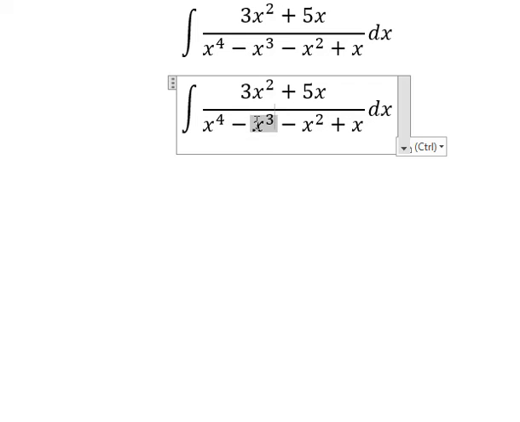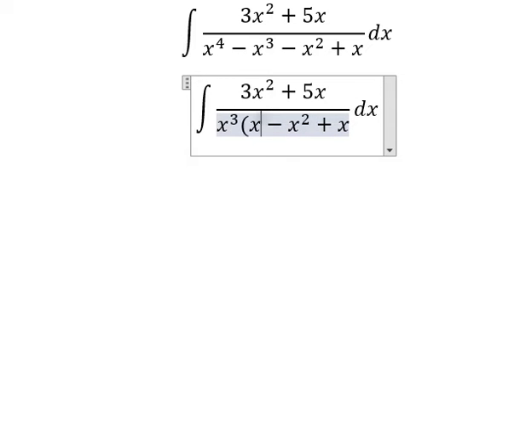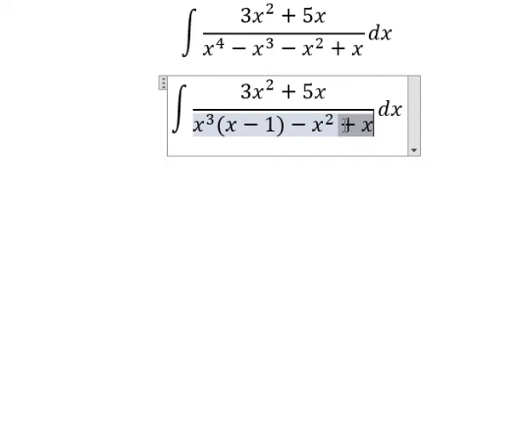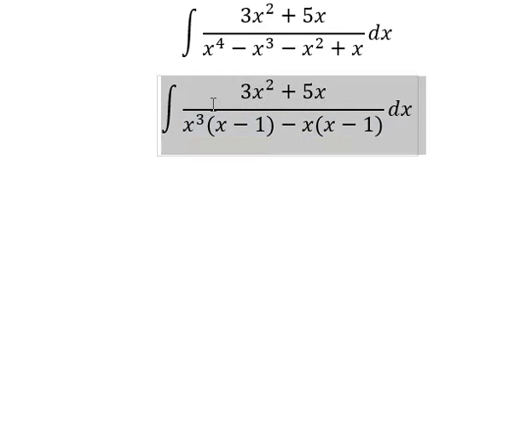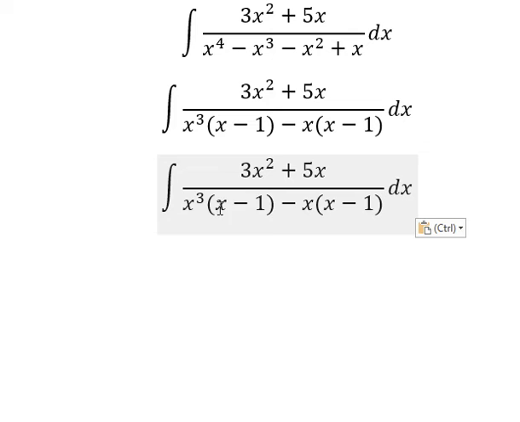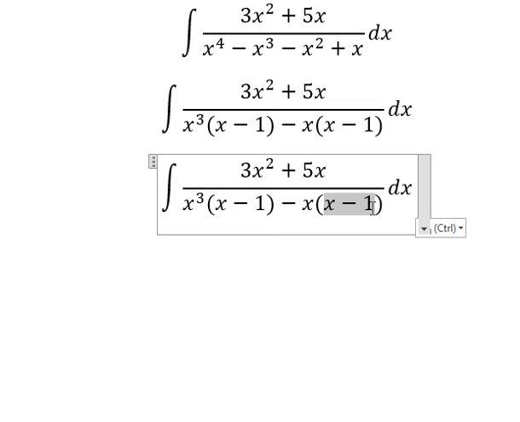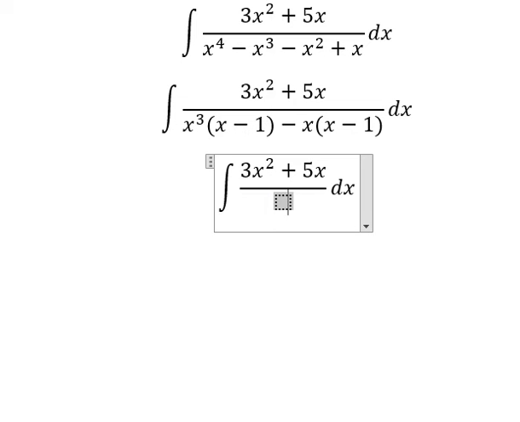We need to do factorization by s to the power of 3. We can do another factorization by negative s. So we have s minus 1, s minus 1. We can do another factorization.